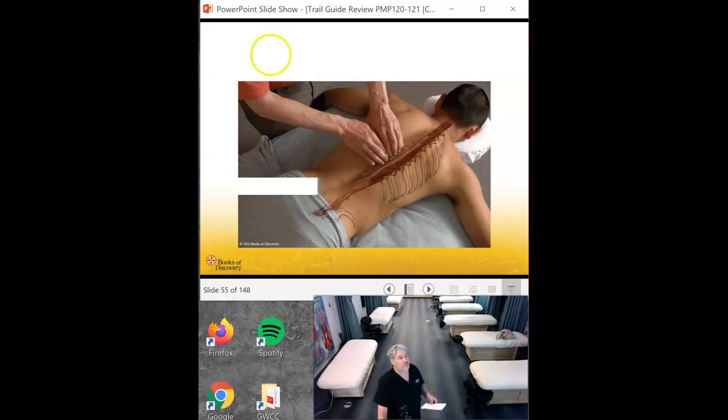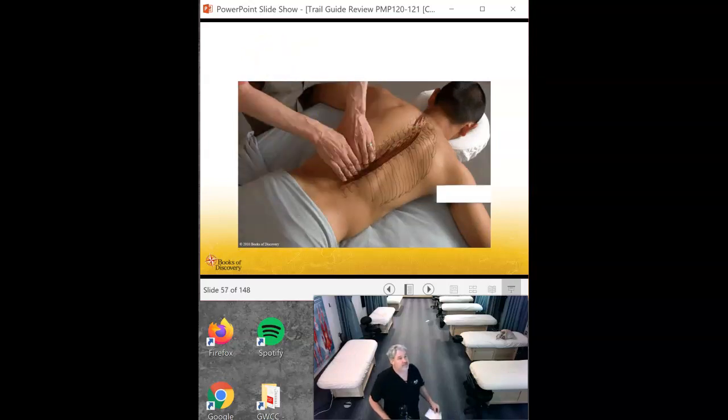Well done. Miss Pugh, I don't like this picture because it's only showing you half of the lower side and half of the upper side. But what muscle is this? The longissimus, no, longus dorsi. No. It's attached to spinous processes on your vertebral column.